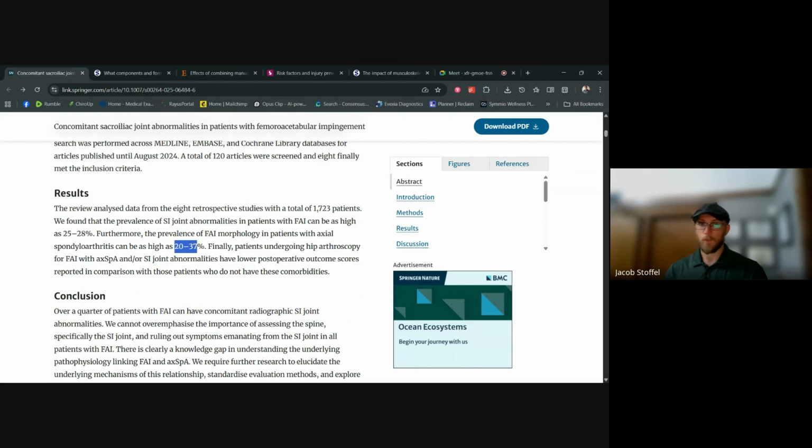Now, finally, patients undergoing hip arthroscopy for femoral acetabular impingement, so they're actually trying to get it taken care of surgically, with axial spondyloarthropathy and/or SI joint abnormalities, here's the big thing, have lower postoperative outcome scores reported compared with those who do not have the comorbidities.